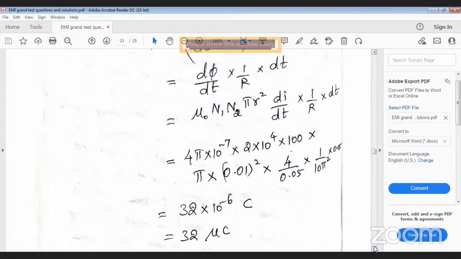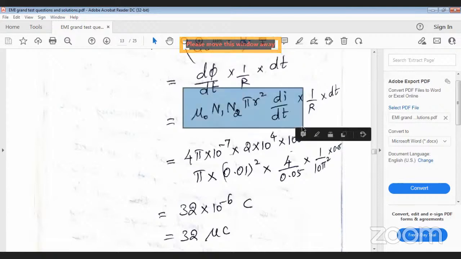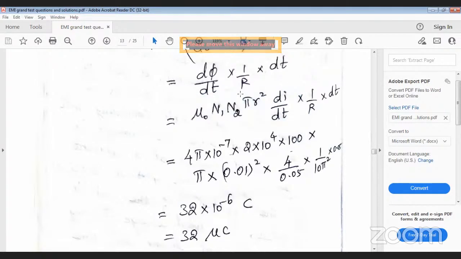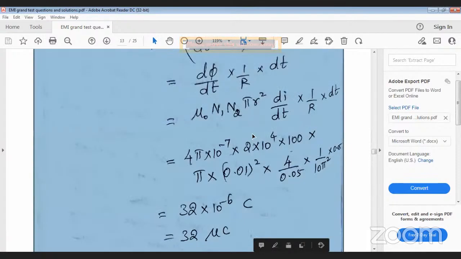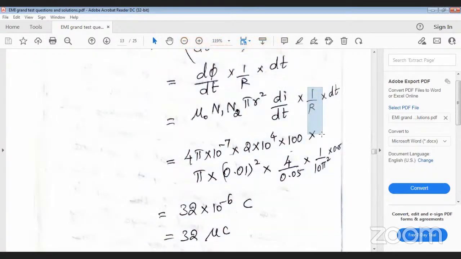So here dt and dt will be cancelled out. D phi is actually the change of flux. So change of flux, I think you know the equation for a solenoid. That is mu naught n1 n2 a into di by dt. So that equation has been used here. Mu naught n1 n2 a into di by dt. That a is nothing but pi r square into di by dt into 1 by r.